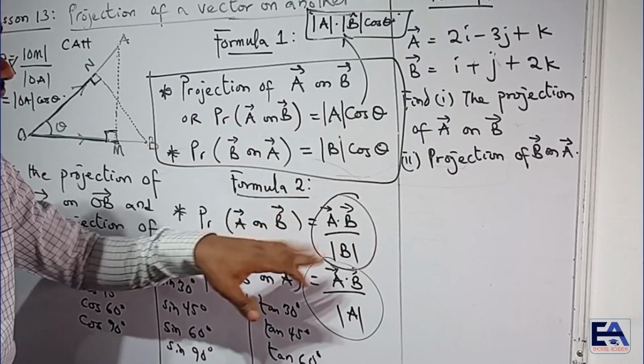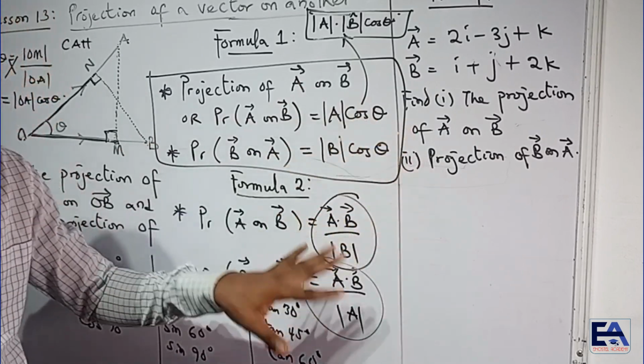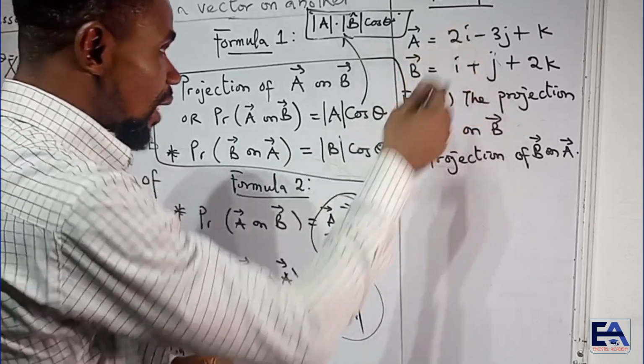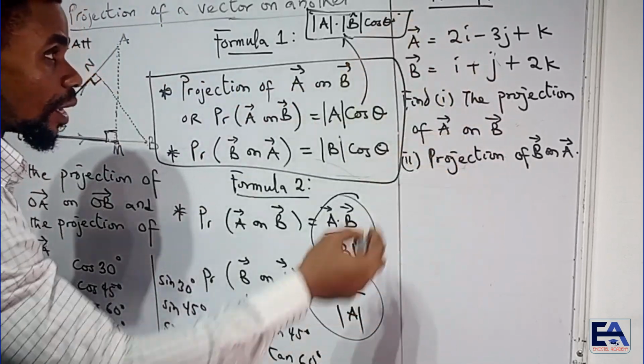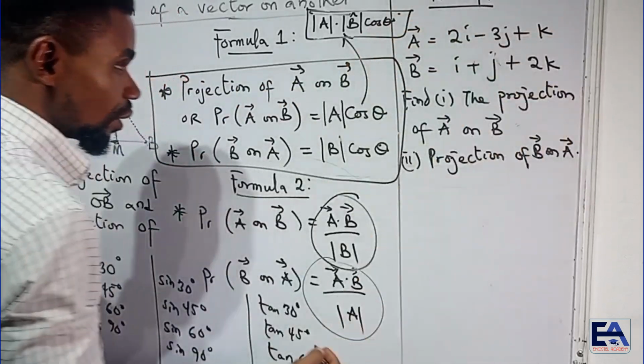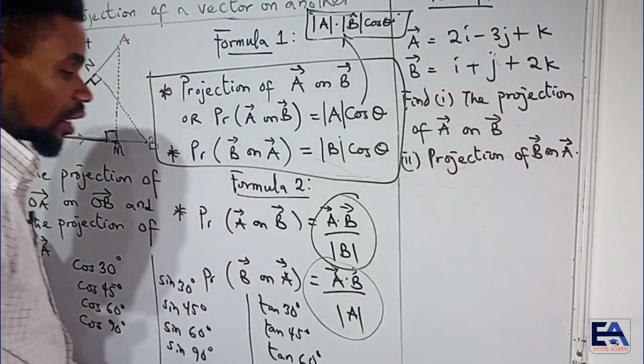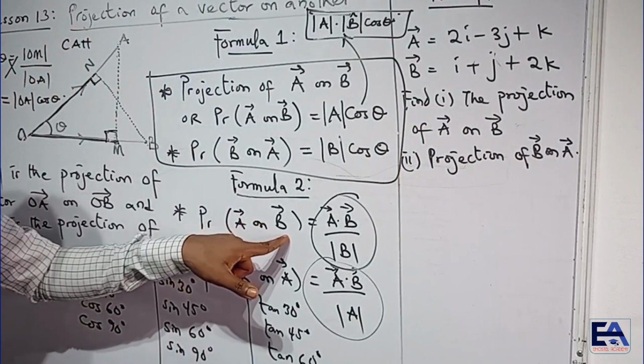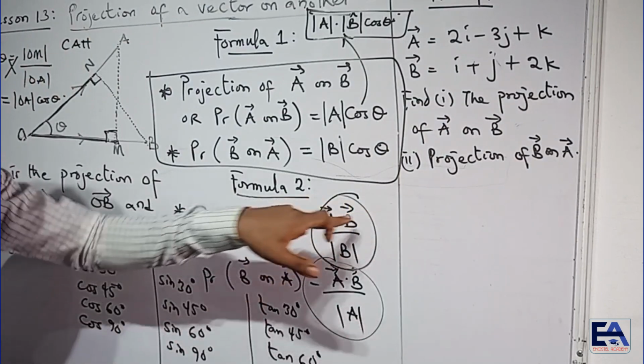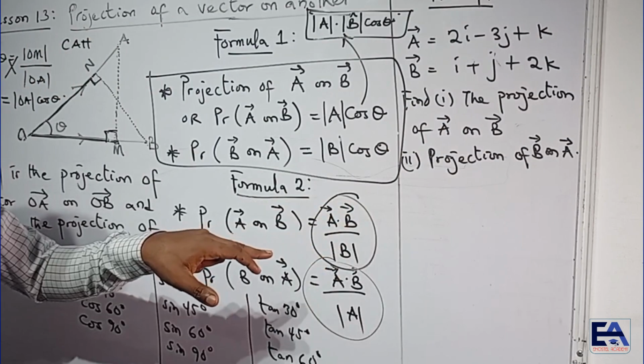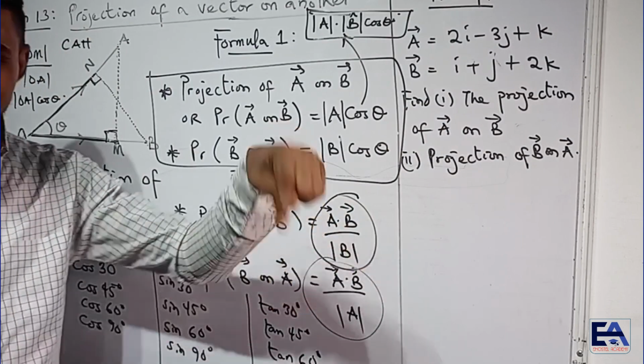Since this one contains no angle, you just apply this. So let's quickly work with this example. We have example A, example B, and it says find the projection of A on B. The projection of A on B is going to be the dot product of A and B divided by the magnitude of the vector that is being projected upon.